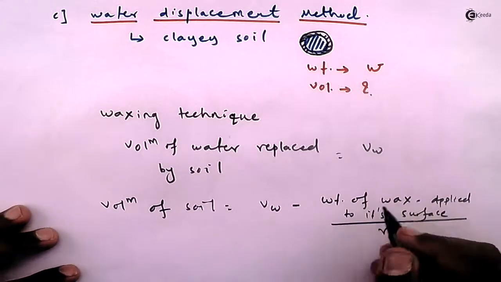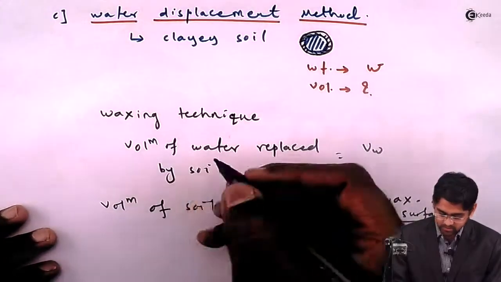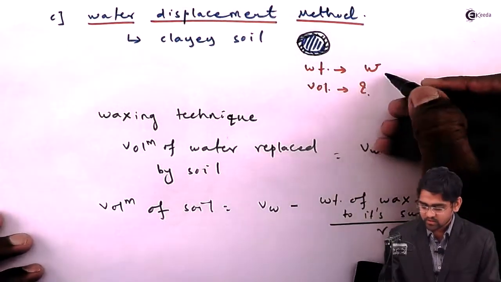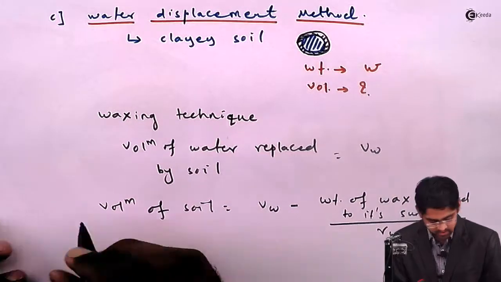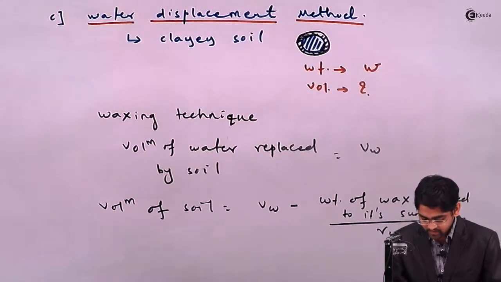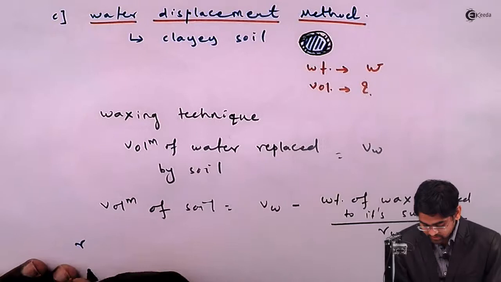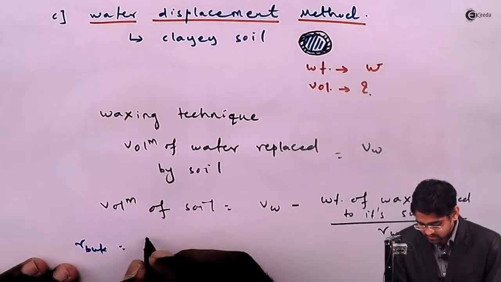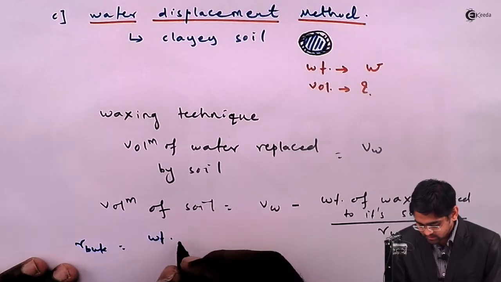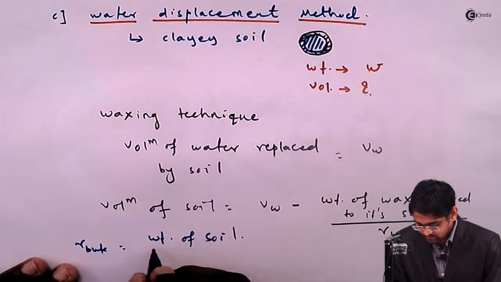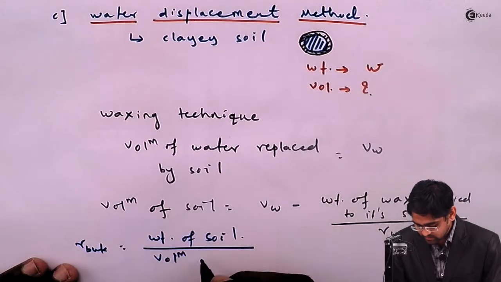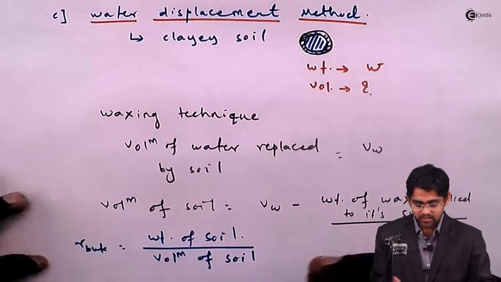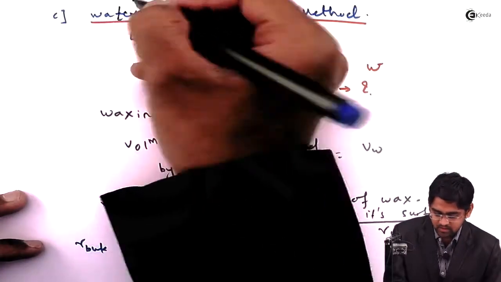You deduct this volume, and that's how you determine the volume. Once you know the volume, you divide weight by volume to get the bulk unit weight, or in situ unit weight, of the soil. So it's just the weight of soil divided by the volume of soil. This is again the same way, and it is a field method.